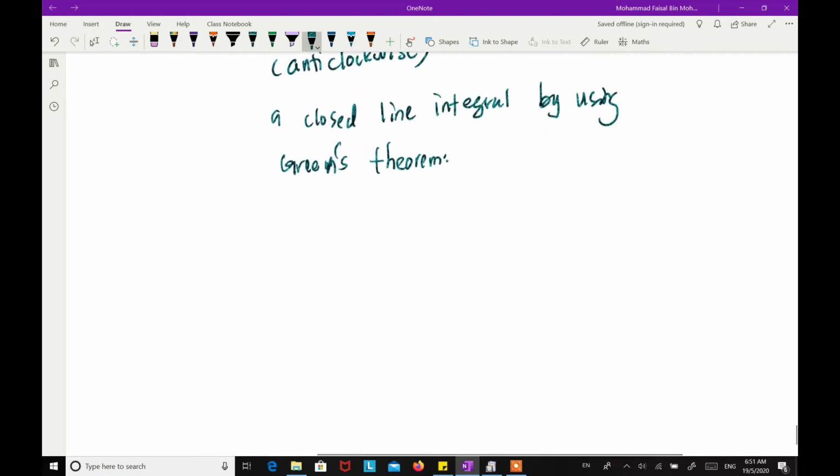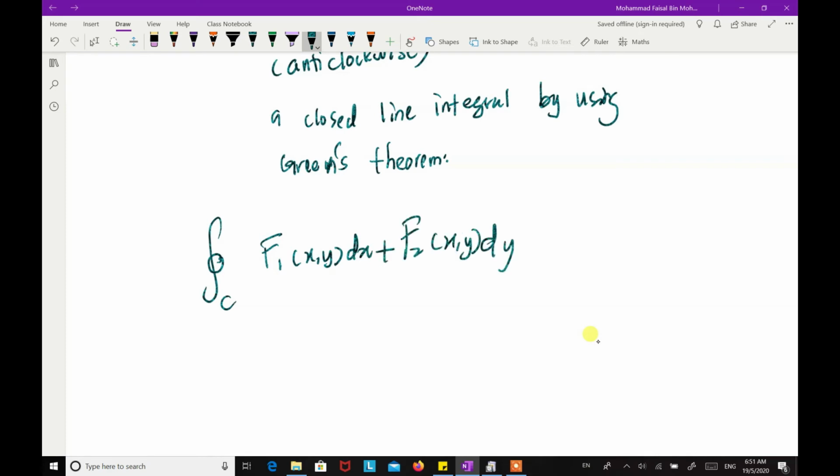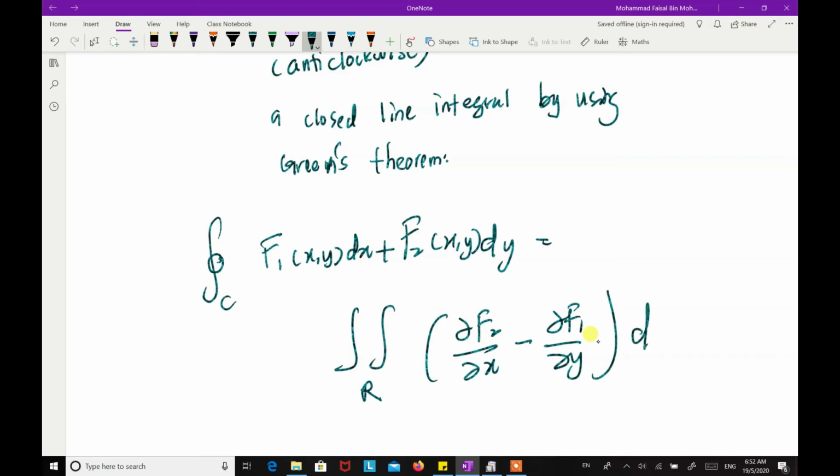This integral for a closed curve, f1(x,y) dx plus f2(x,y) dy, is equal to the double integral under a certain region of del f2 over del x minus del f1 over del y dA.